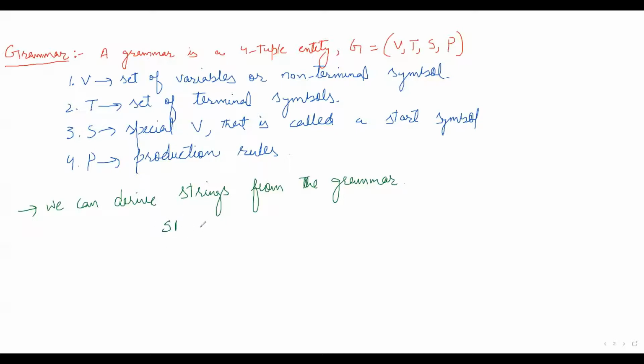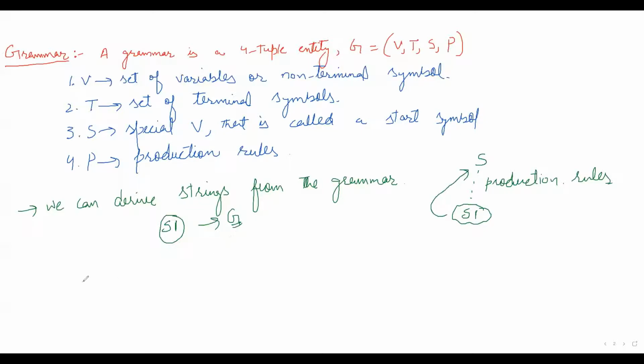Now, if I want to say whether this string is generated by my grammar G, how can I say that? I have to start from the start symbol S. Then I have to use production rules. And after using production rules, if I am able to generate S1, then I can say this S1 is generated by this particular grammar.